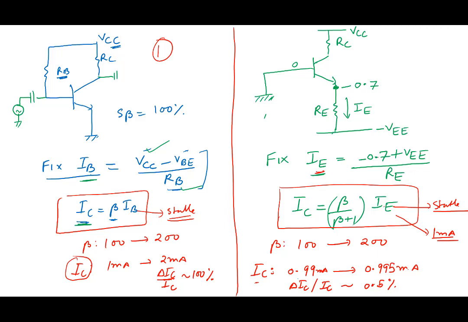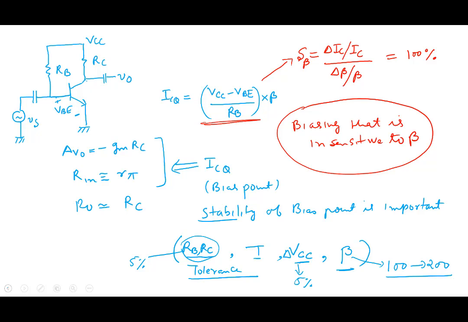See, in some sense, if you go back and look at it, the AV0 is minus ICQ RC by VT. So from a gain point of view, you require a very stable ICQ.